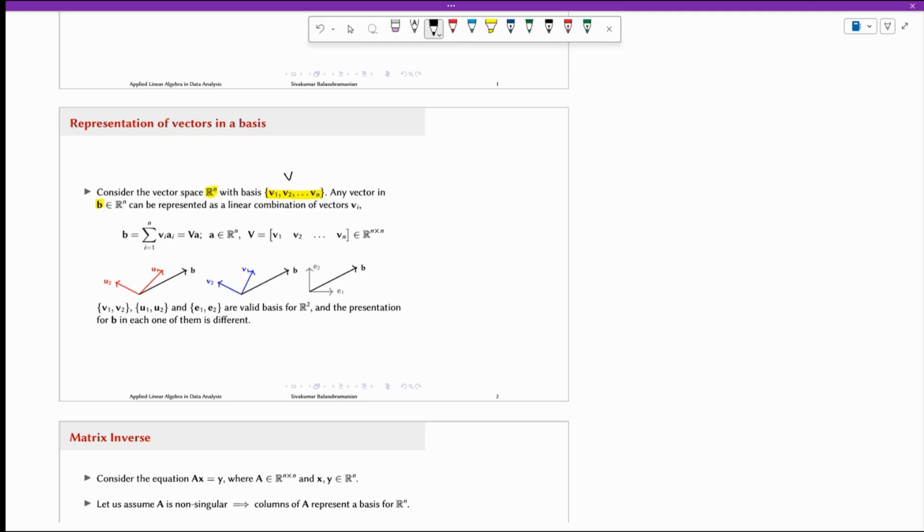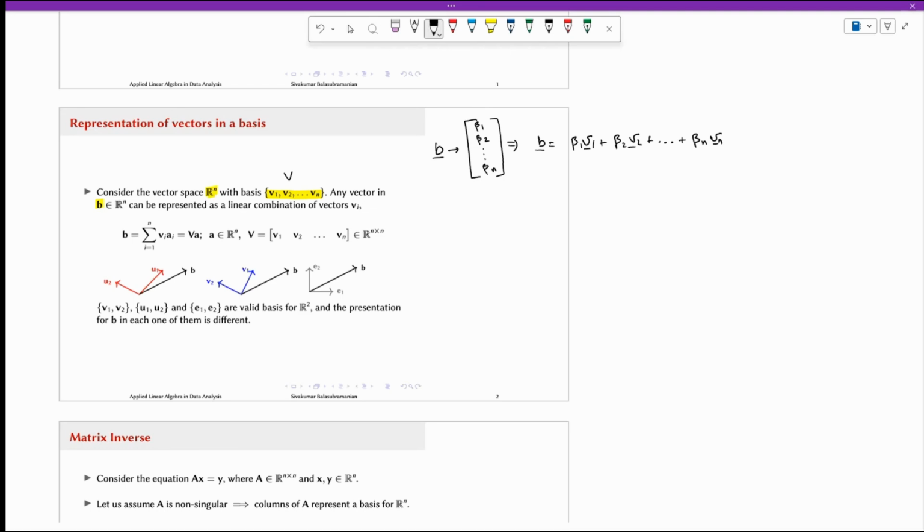Let's say I tell you the representation of the vector b in the basis v is beta 1, beta 2, up to beta n. If I tell you that, what does that mean? It means I can write b as beta 1 times v1, plus beta 2 times v2, up to beta n times vn.